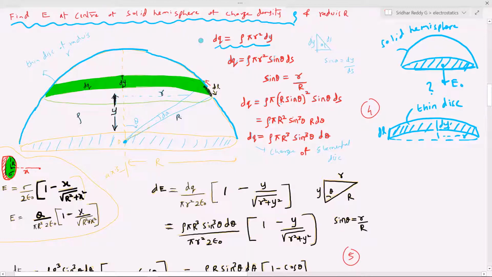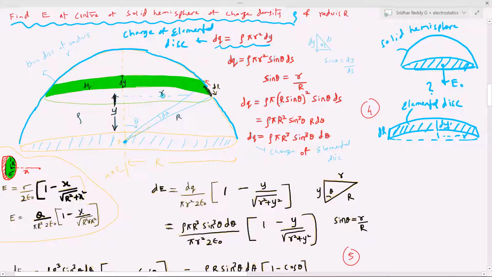What is the charge contained in this? So what is dq, the charge of the elemental disc? We'll call this a thin disc or elemental disc.